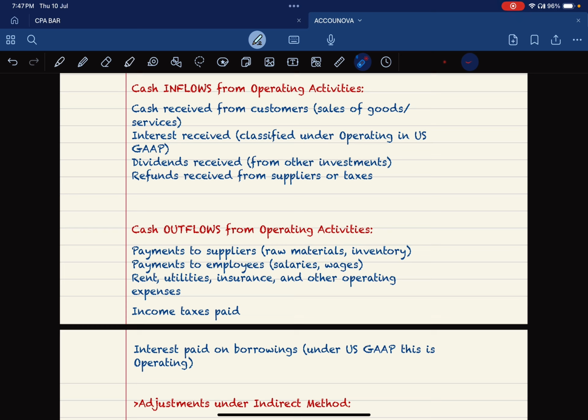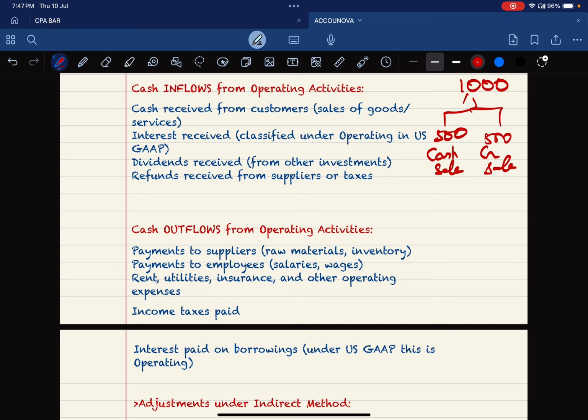For example, let's take there was $1,000 of sales. In that, 500 was a cash sale, and 500 was a credit sale. So how much should you record? You should record 500 only.